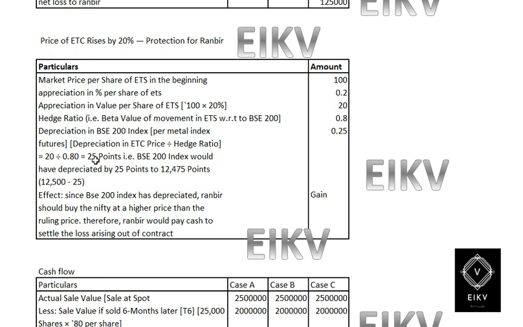Over here it is written like 20 divided by 0.8, which will give you 25 basis points, that is, the BSE 200 index would have depreciated by 20%, which will be 12,475. Sorry, it would be 12,525. So here it would be 12,525 points appreciation. So in such cases, which is 12,500, here we have plus 25.